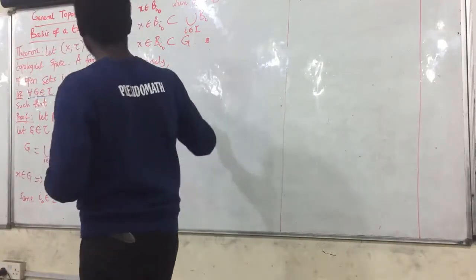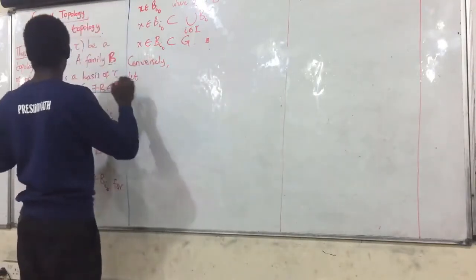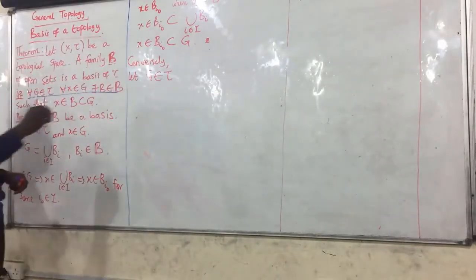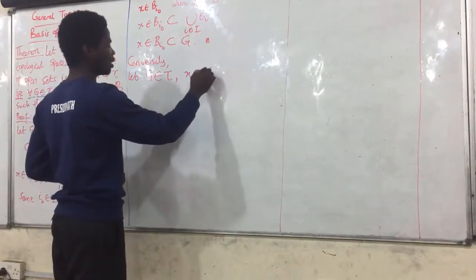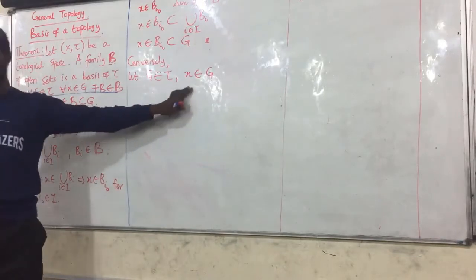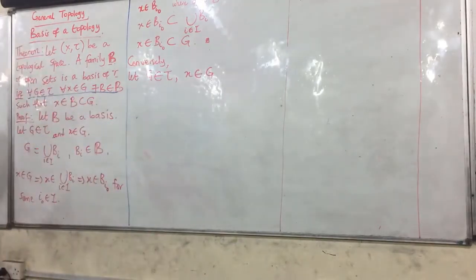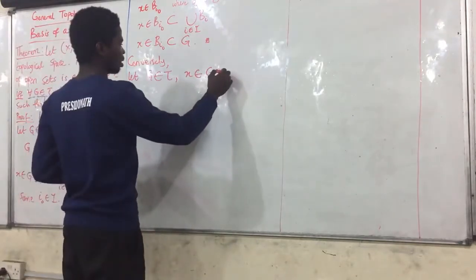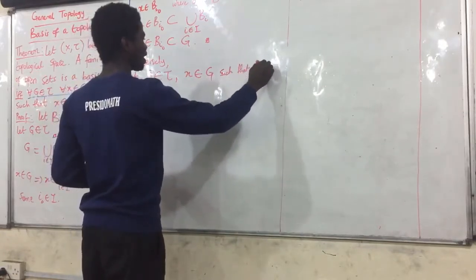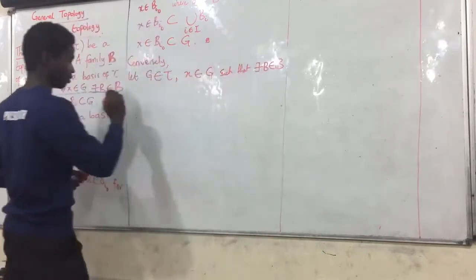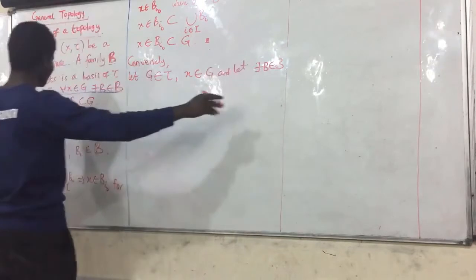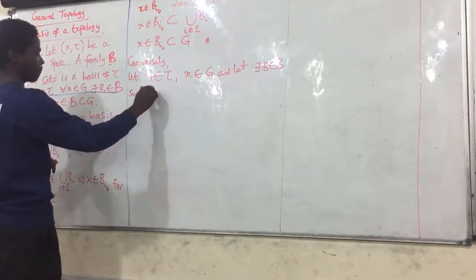Listen up. Let G be in the topology and let S be an element of G. Do you understand? So that, and let there exist B in the basis so that, do you understand?